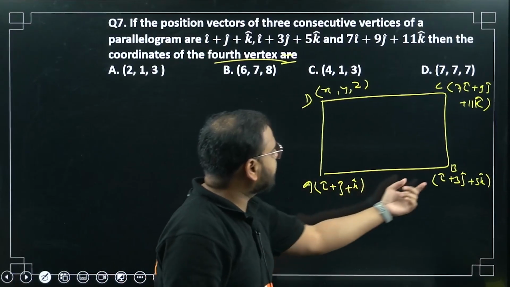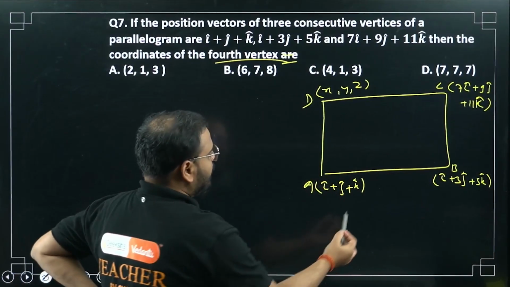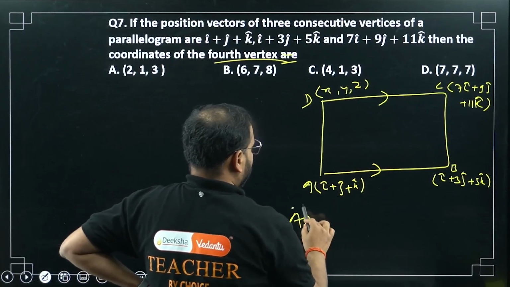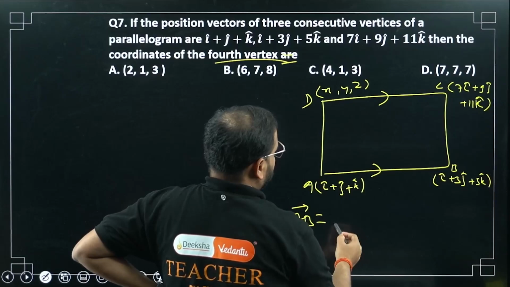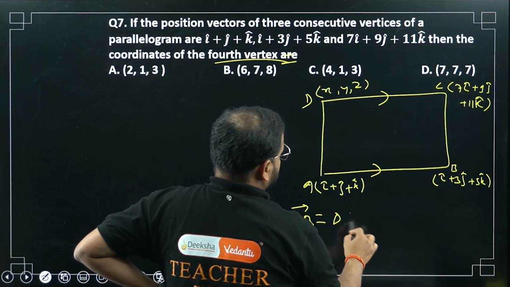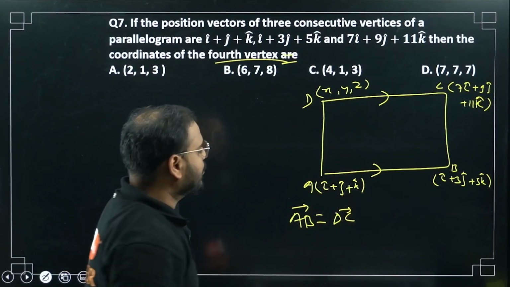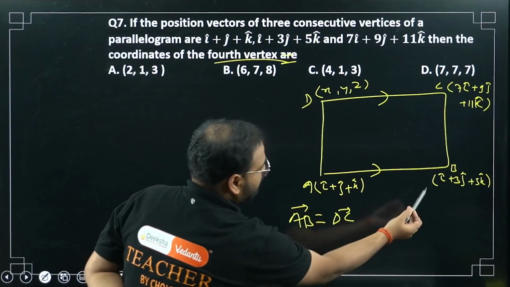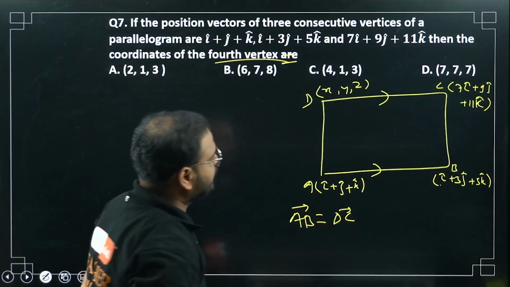If you are looking to find vector AB, we know that for a parallelogram, vector AB will be equal to vector DC. So how will you find it for AB? Subtract the coordinates. 1i minus i, how much is that?